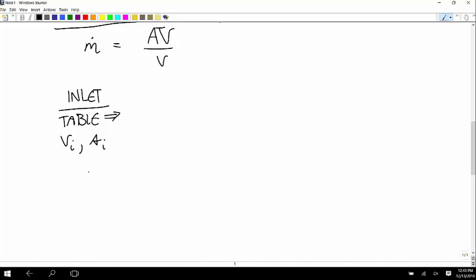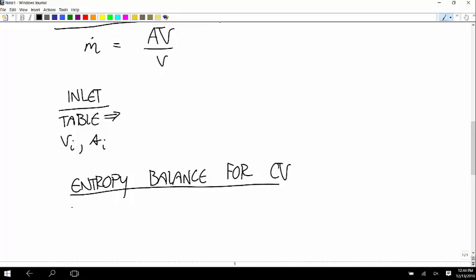we have the control volume entropy balance. For control volumes, it says the time derivative of the entropy is equal to the rate of heat coming in divided by the boundary temperature.